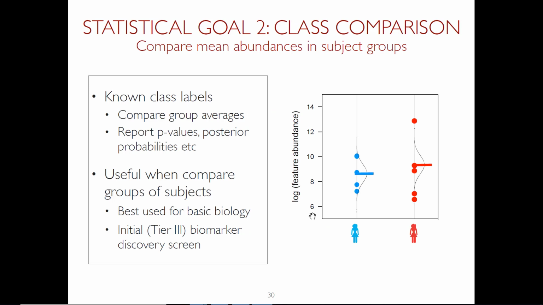So the second statistical goal is already a supervised method, because now we're saying, okay, and by the way, I will talk about healthy and disease just because it's easy. You can map it to your study of interest. So let's say we have healthy and disease subjects, and now we'll tell the method, this group is labeled as healthy, and this is another group which is labeled as disease.